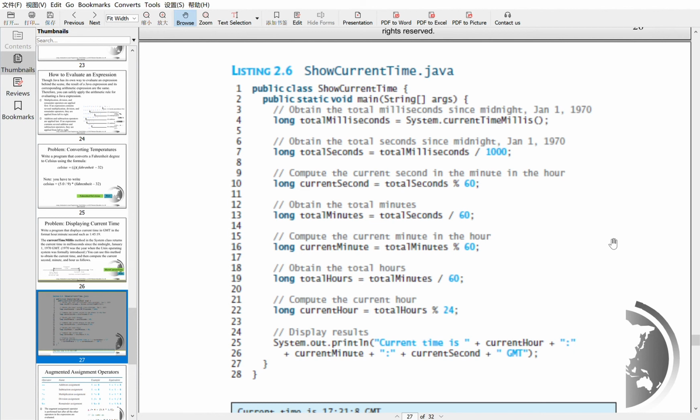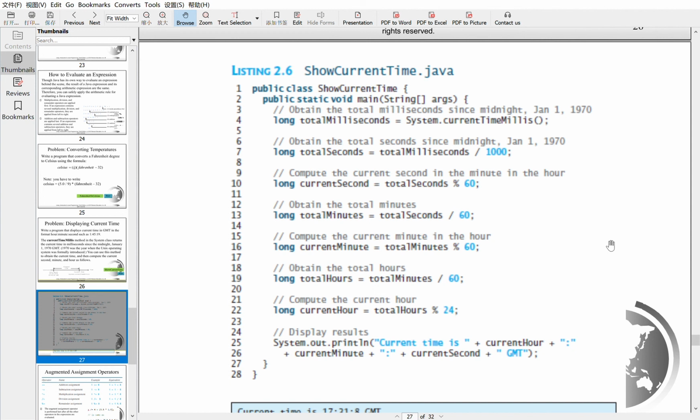Firstly, we need to obtain the total milliseconds since midnight, January 1, and then we can obtain the total seconds since midnight. The next step is to compute the current second in the minute, and also obtain the total minutes.